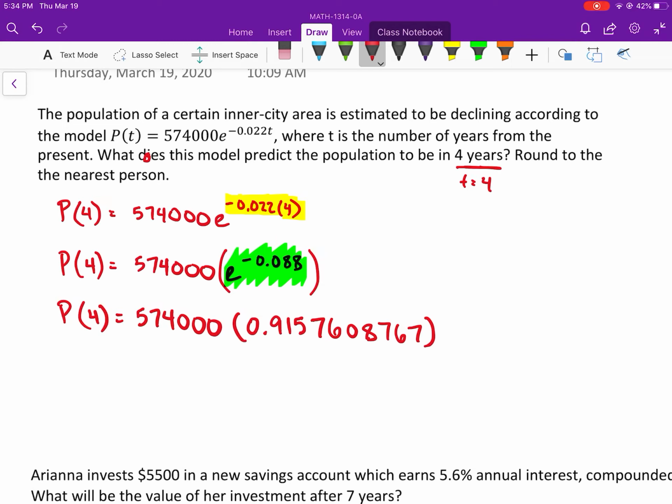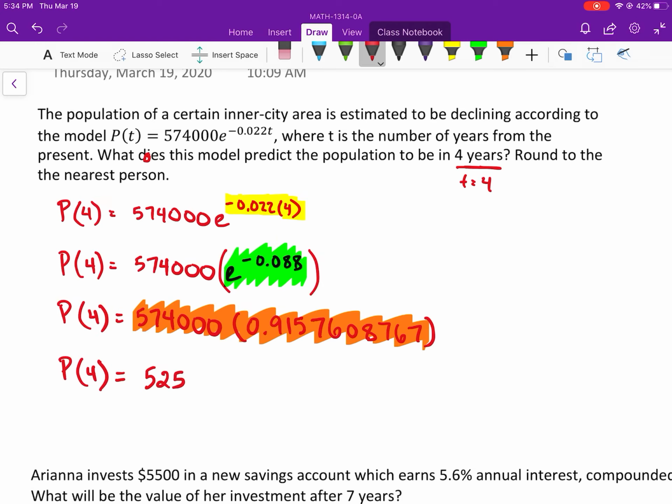Alright, my last step is to multiply the whole thing together. So the population after 4 years is going to show up to be 525,646.7432. Now notice at the end of the problem it does say round to the nearest person.